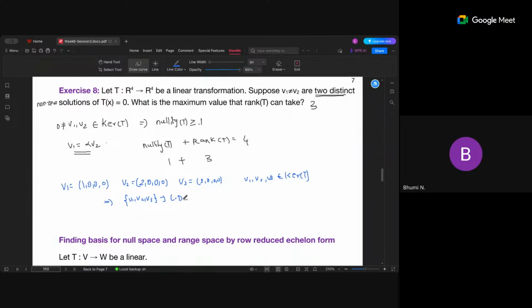But if they are not multiples of each other, then it is greater than or equal to 3. That's why I'm saying the minimum is 1. We don't know whether they are multiples or not, so we consider all possible scenarios and take the case where it is the least. If it was told that they are not multiples of each other and they are non-zero solutions, then we can say more. For example, if V1 and V2 are given as linearly independent, then the nullity is greater than or equal to 2. Okay.